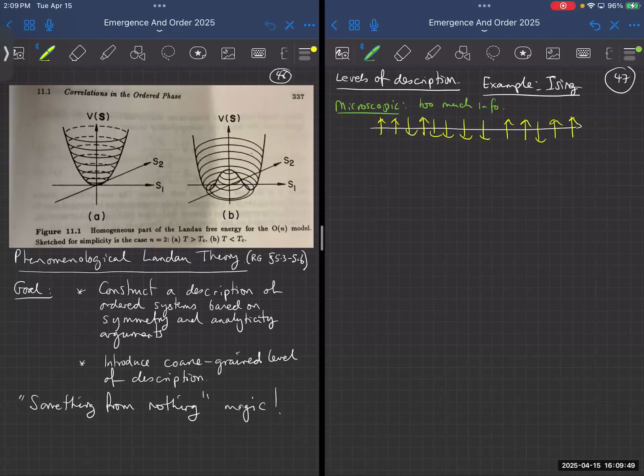And so what we might say is, well, why don't we do this? What we want to seek is a compressed description of the system.